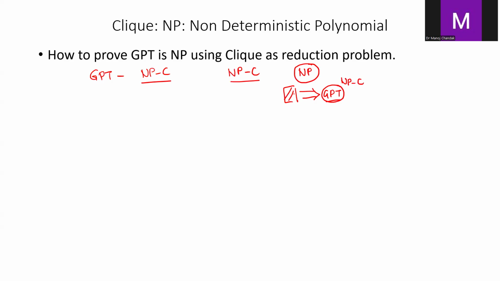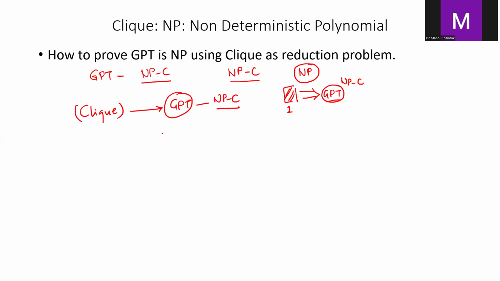This set may have a single problem also. So according to our knowledge till now, we know the problem clique, and if we can reduce this clique to GPT in polynomial time, then GPT will be classified as NP complete.